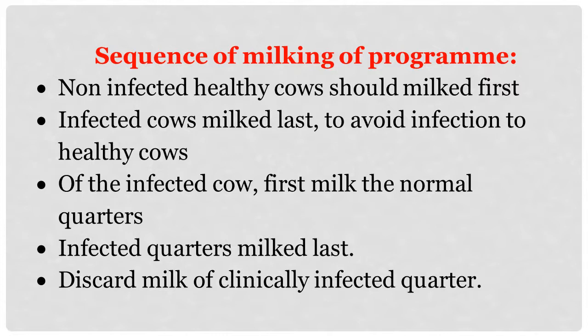And an important step is to discard the milk of the clinically infected quarter properly outside the farm. Don't throw this infected milk on the floor of the milking shed. Otherwise, it may infect the other healthy cows.